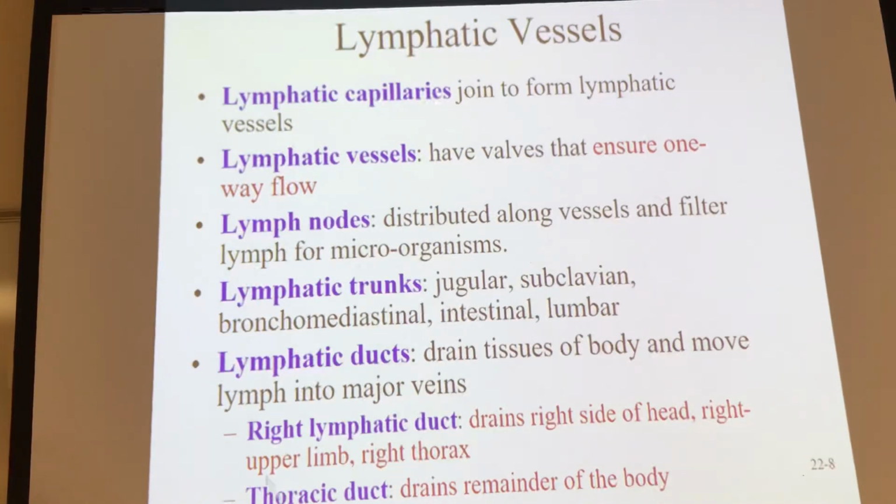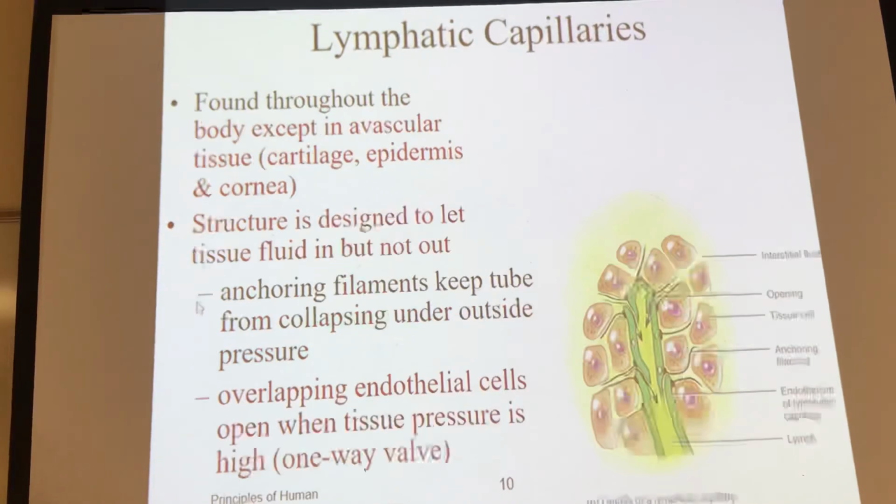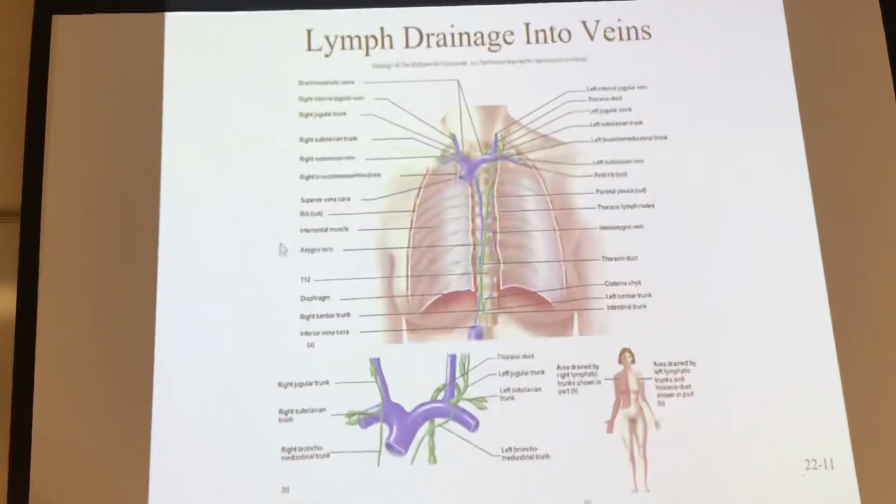Now, the big thing right here is knowing the difference between how lymph drains from whichever side of the body we're at. So the thoracic duct is the biggest single lymphatic vessel, and hopefully I can show you a picture right here. So here's your thoracic duct right here.